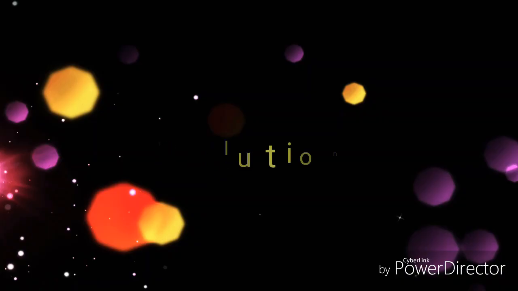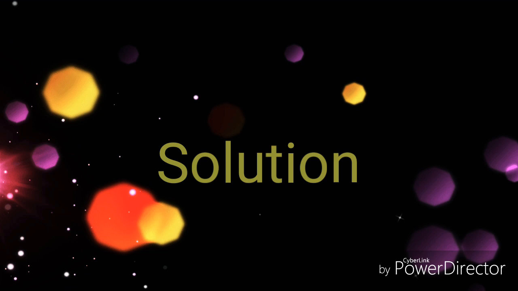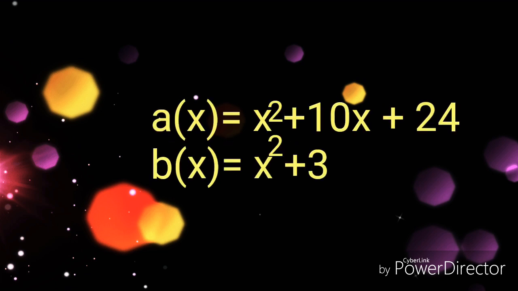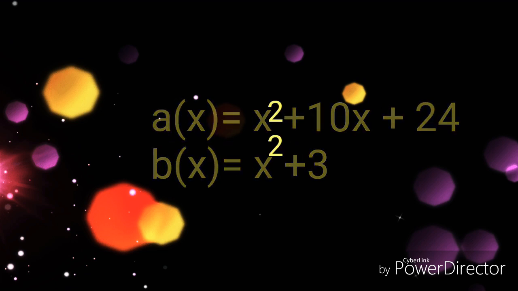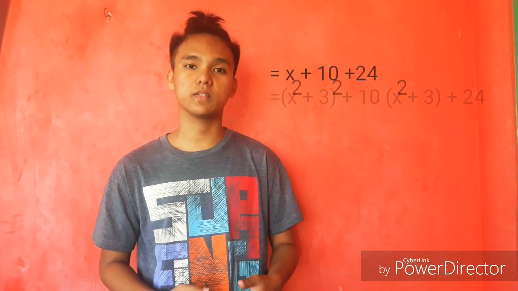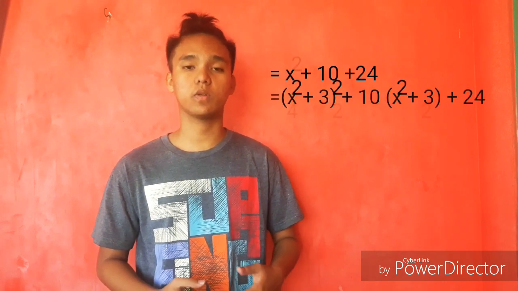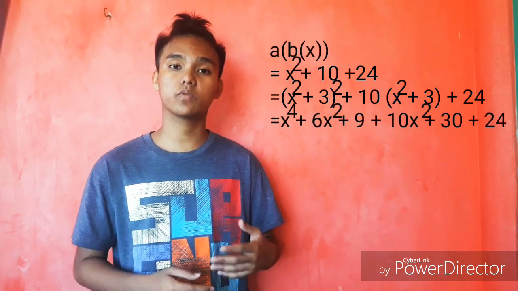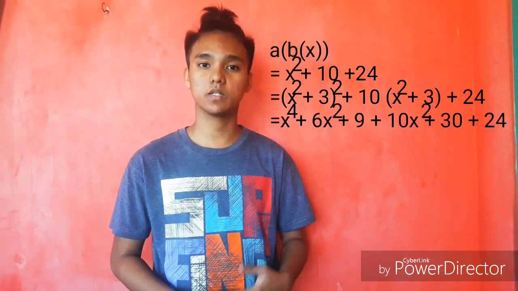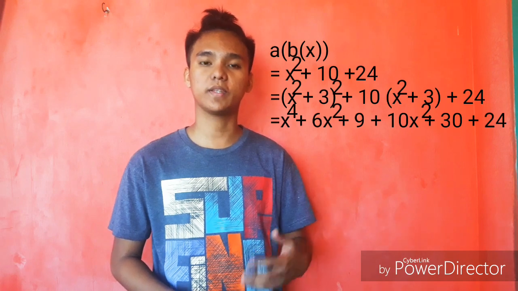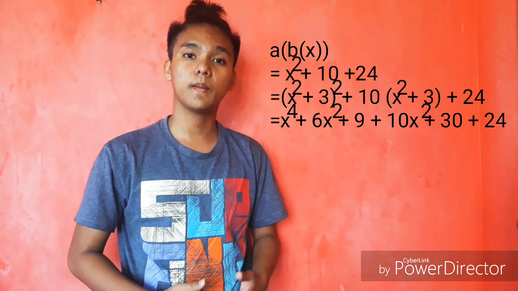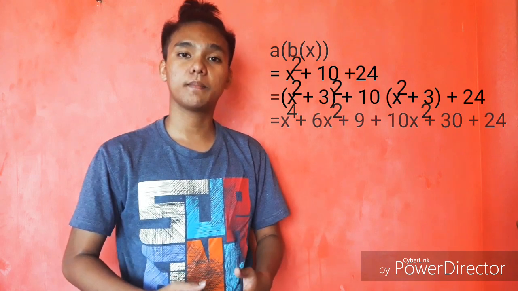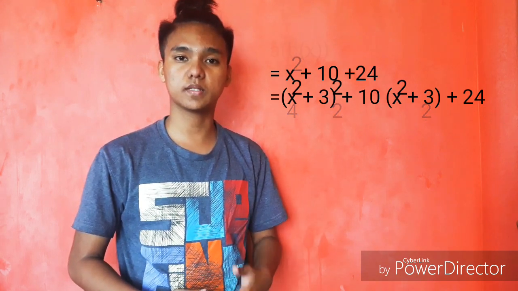Next is a composition of b of x. A composition of b of x is equal to a of b of x, which is equal to x squared plus 10x plus 24, which becomes the quantity of x squared plus 3 squared plus 10 times the quantity of x squared plus 3 plus 24, which is equal to x raised to 4 plus 6x squared plus 9 plus 10x squared plus 30 plus 24.